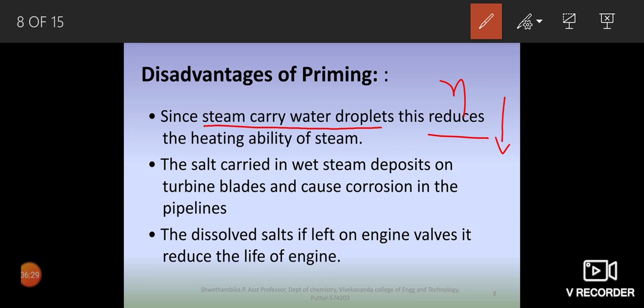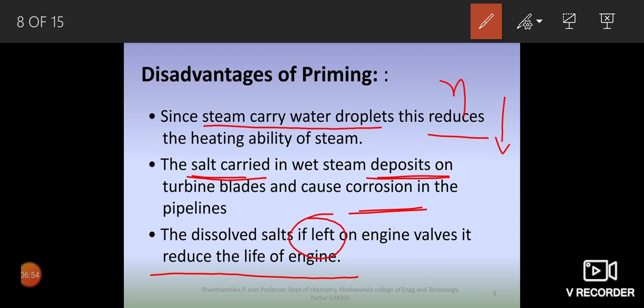Then the salt which is carried may deposit on the parts of the boiler, specifically the turbine blades, and may cause corrosion of the metal present there. Then if we leave it there, that means it is not removed, it would reduce the lifespan of the engine.